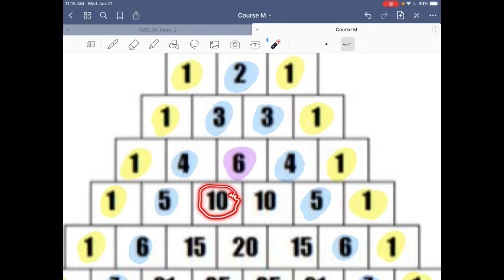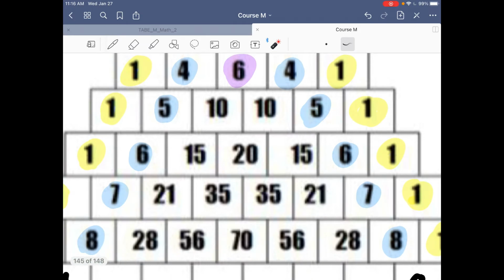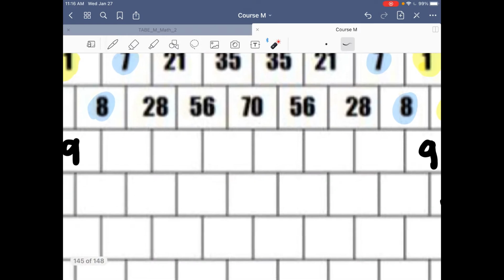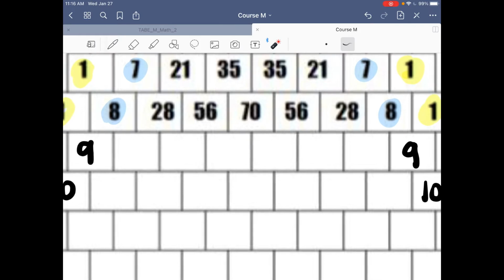4 plus 6 is 10. 6 plus 4 is 10. Here is 10 and 10. That gives us 20. Here is 15 and 20. That gives us 35. So knowing that rule, we can finish the rest of our problems here. So let's use a calculator.